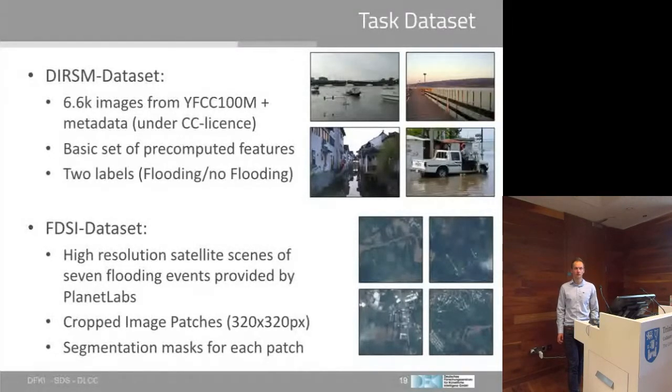For the second dataset, we got high-resolution images from Planet Labs. That's a startup from San Francisco which has microsatellites, and they provide a resolution of 3 meters. So you can really see the flood extent quite well in these images. We also provide a dataset for this, along with segmentation masks and small patches of 300 pixel size.